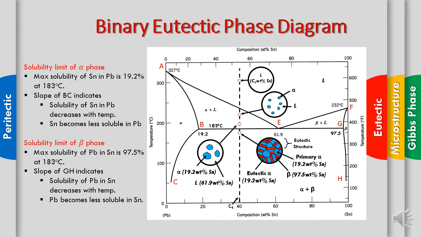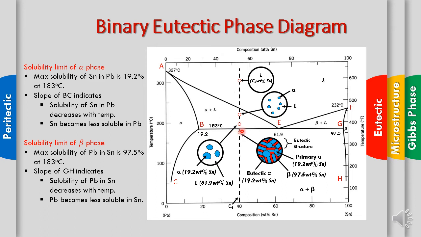So let's discuss the microstructure in terms of the lead-tin phase diagram, or binary eutectic phase diagram. At the solubility limit of the alpha phase, we have the maximum solubility of Sn. At this point, the maximum solubility of Sn is at a temperature of 183.